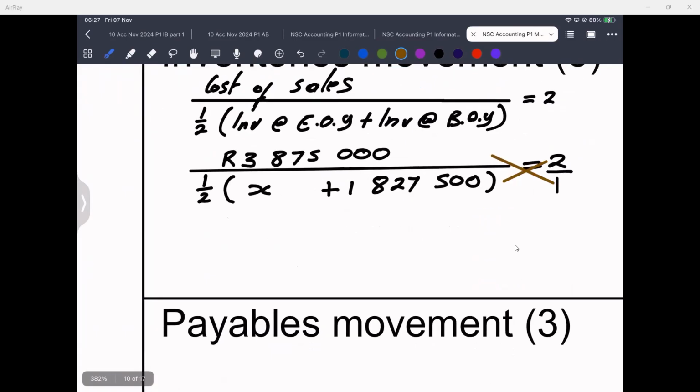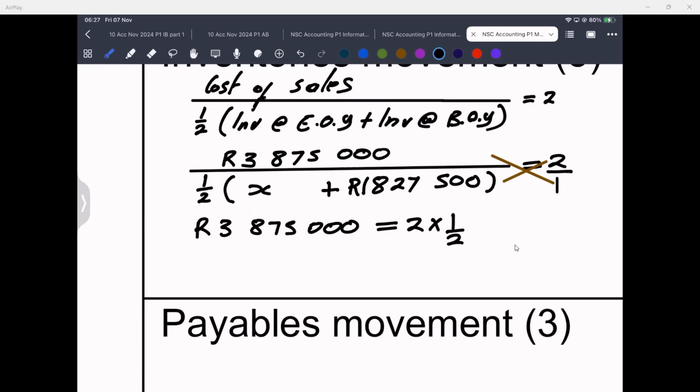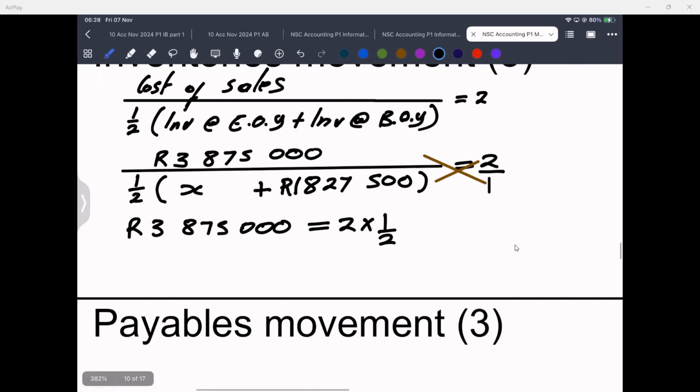What are we going to get? One times 3,875,000 will still give you that 3,875,000, which will be equal to 2 times a half of x plus 1,827,500.